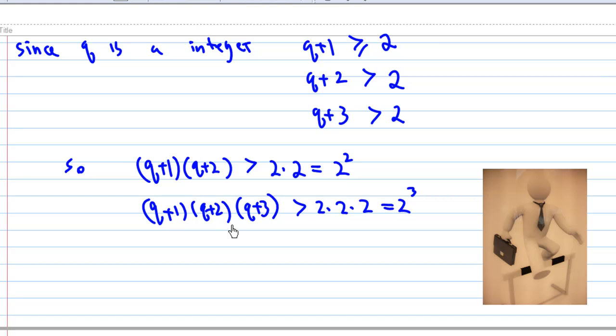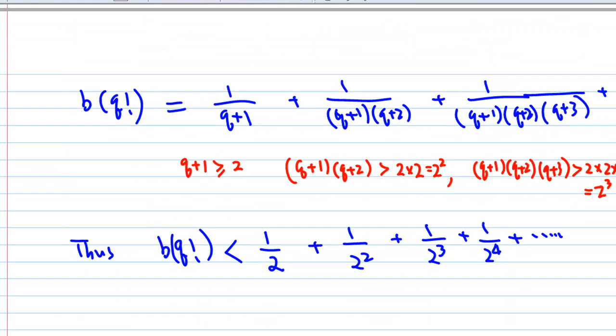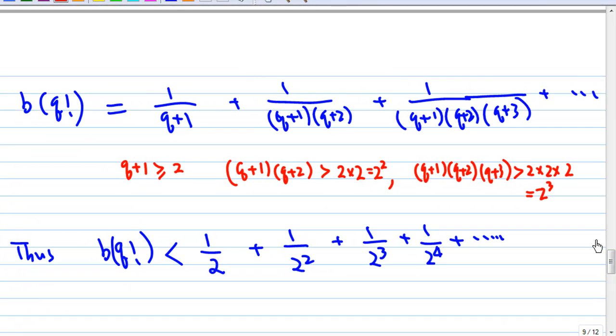Since q plus 2 and q plus 3 are greater than 2, (q plus 1)(q plus 2)(q plus 3) will be greater than 2 times 2 times 2, which is 2 cubed. And so b times q factorial is 1 over (q plus 1) plus 1 over (q plus 1)(q plus 2) plus 1 over (q plus 1)(q plus 2)(q plus 3), and so on.